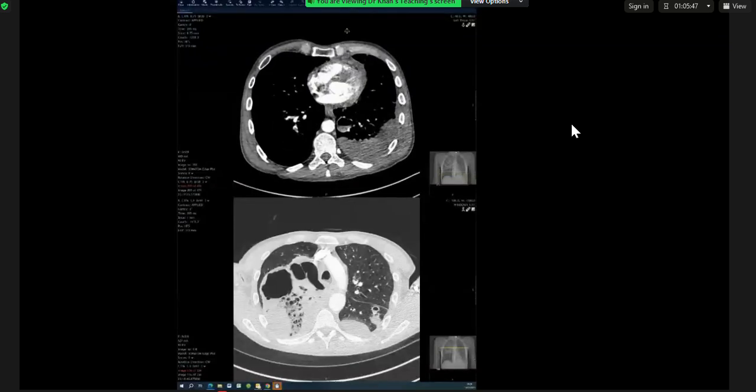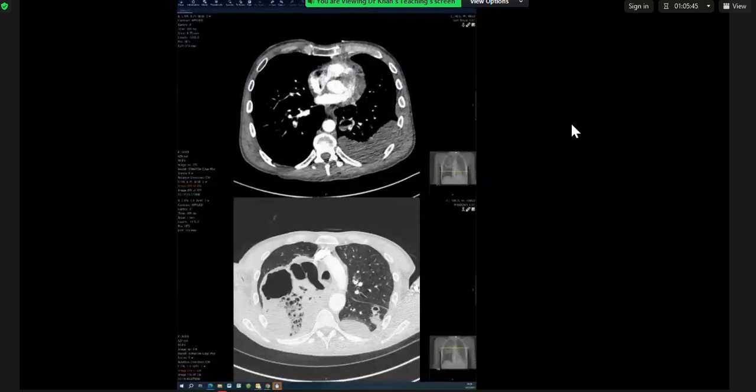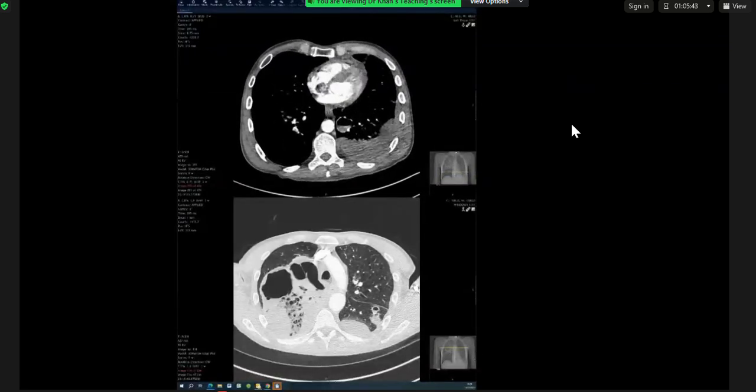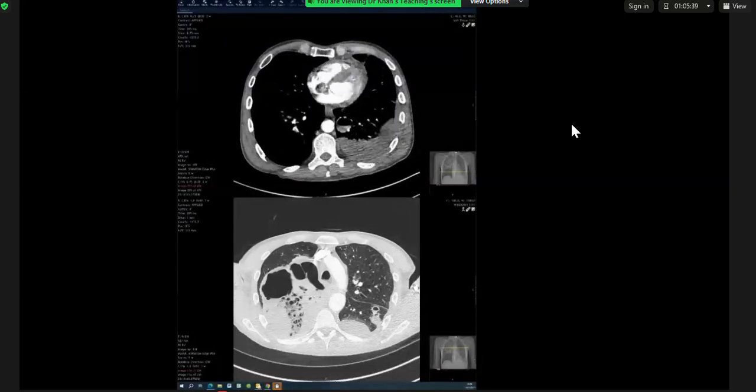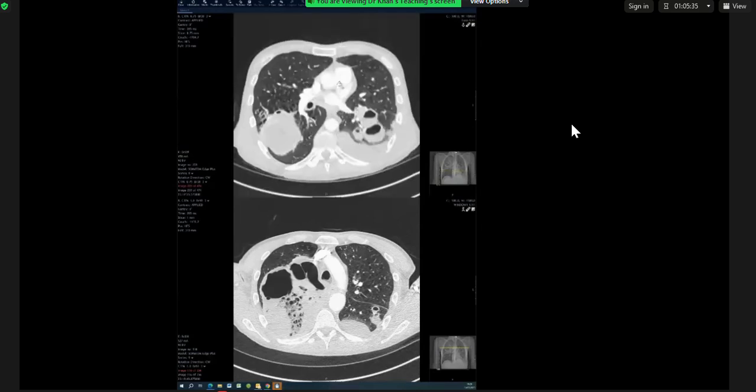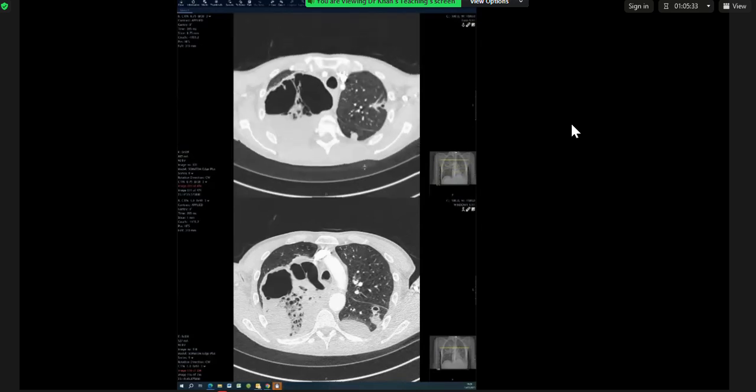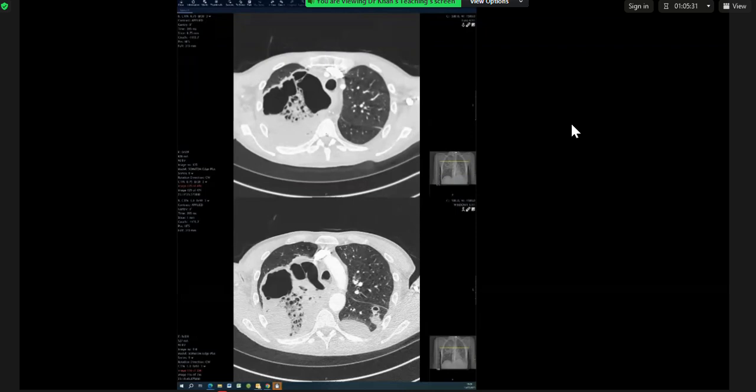So this is pleural effusion with multiple cavitary lesions in the lung. The initial diagnosis may be multifocal pneumonia, multiple lung abscesses, multiple septic emboli with flaring of inflammation in the lung.